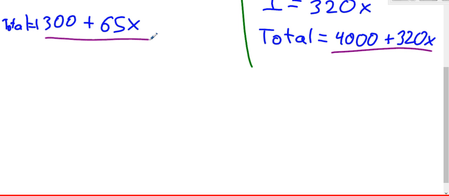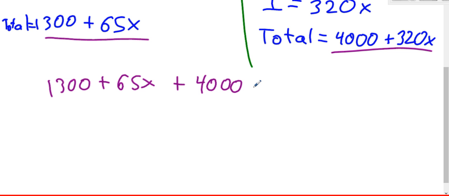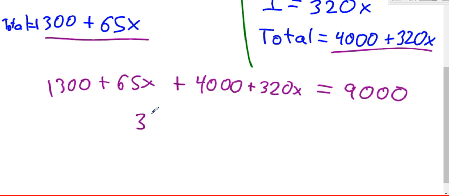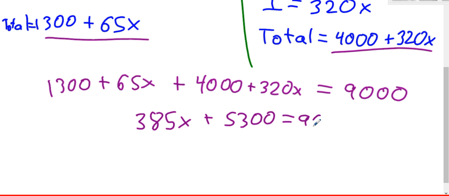So when will 1,300 plus 65x plus 4,000 plus 320x, when will that total equal 9,000? So that's 385x plus 5,300.